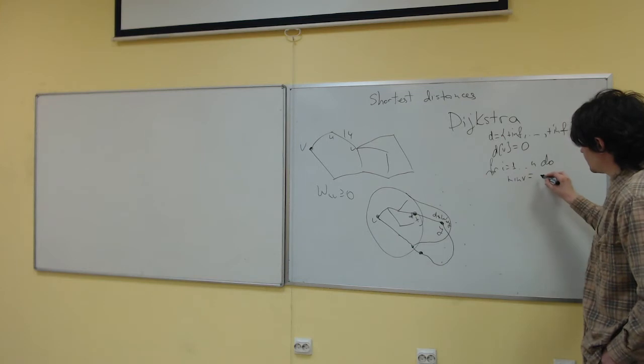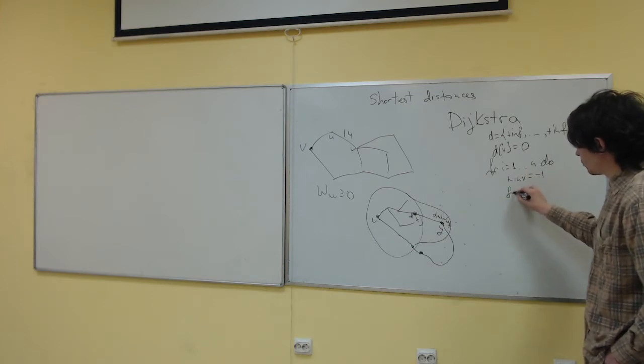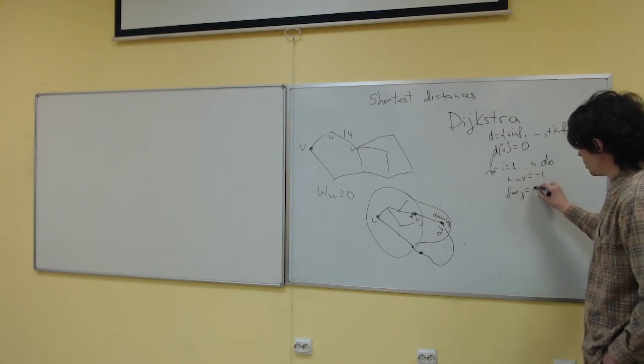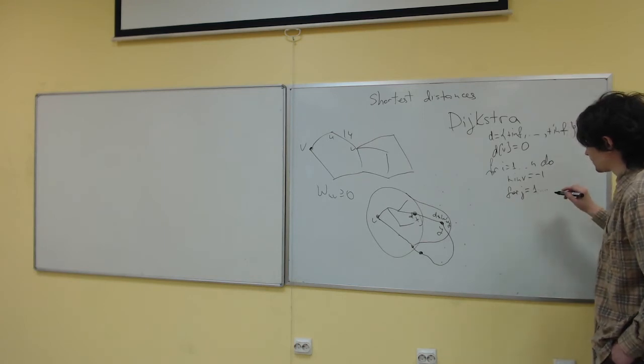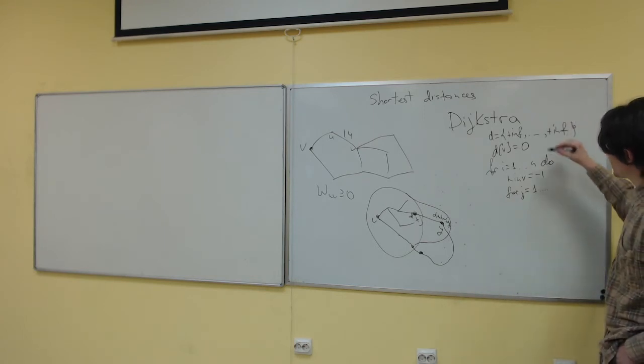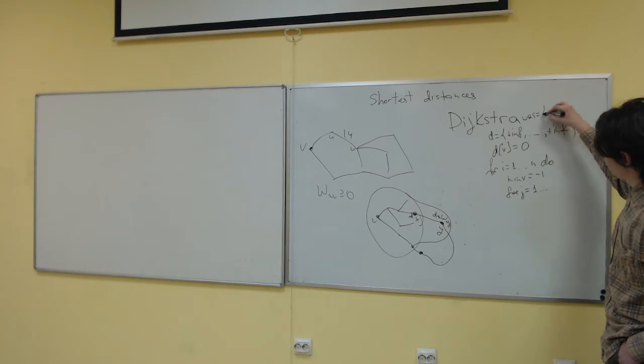Then we find min v. To find the minimum, we go over all the vertices. Oh yeah, and we have an array was, which is filled with false.